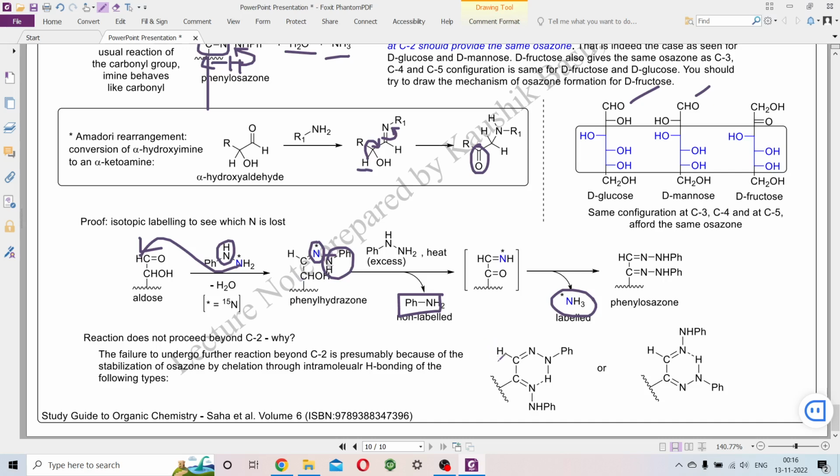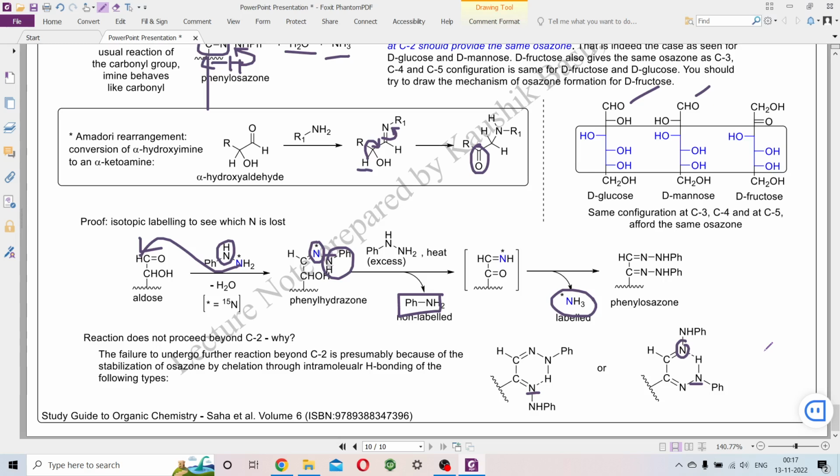That is because it is believed that after the introduction of the phenyl hydrazine onto C2 and C1, they form a stable hydrogen bonding complex where either this nitrogen acts as a hydrogen bond donor while this one acts as an acceptor, or that nitrogen acts as a hydrogen bond donor and this nitrogen acts as an acceptor, and this stabilizes the molecule and prevents it from further reacting.